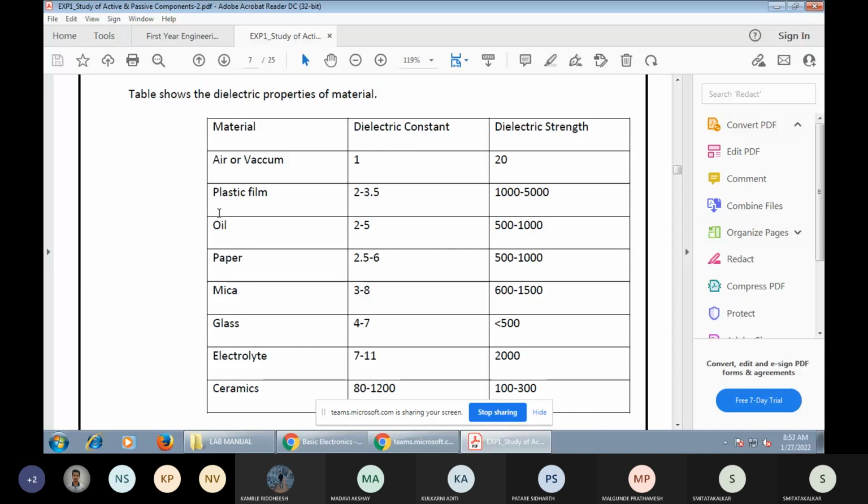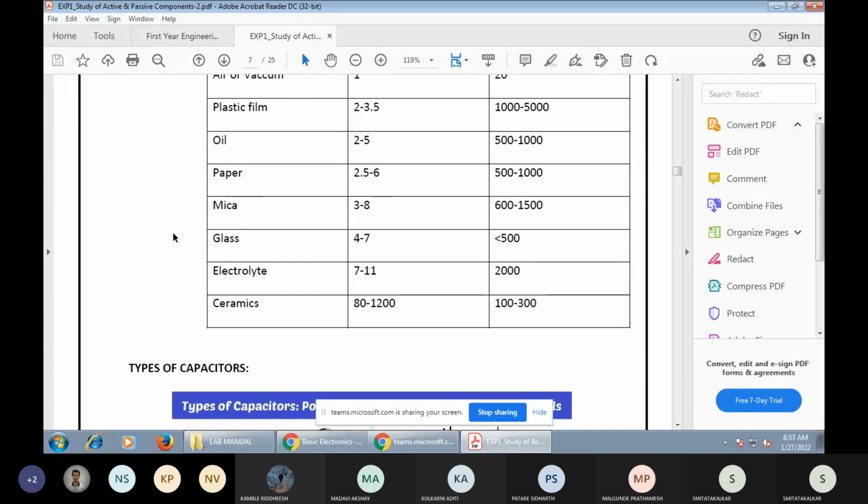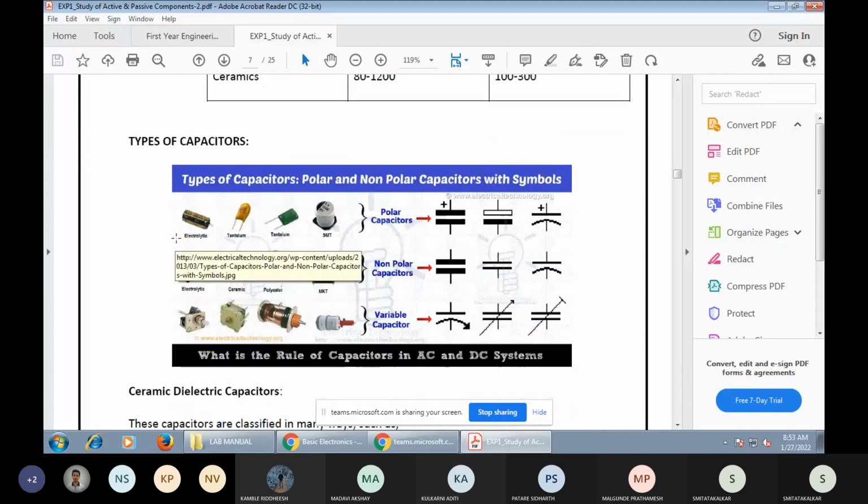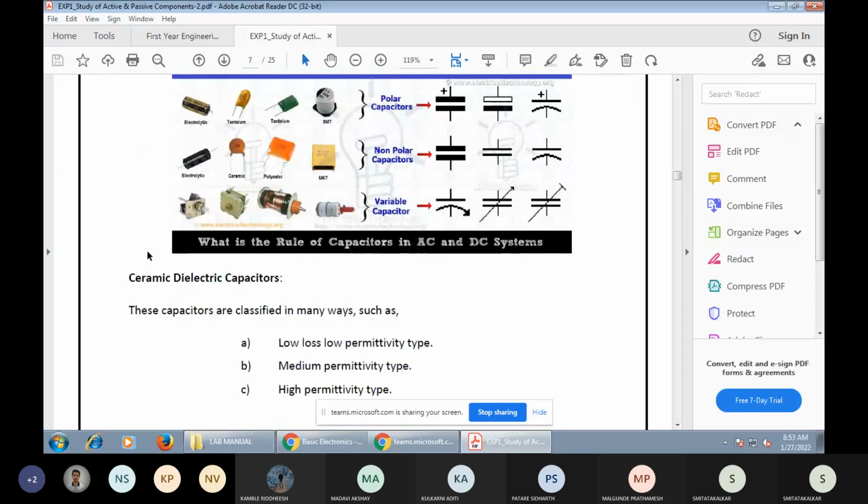These are all unpolarized. But the polarized ones you can use are the electrolytic capacitor, plastic film, and vacuum. These are all the polarized capacitors.